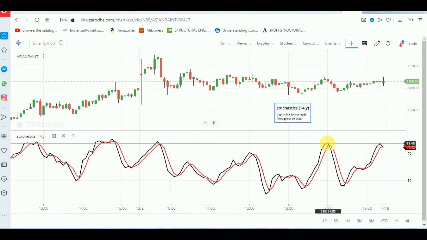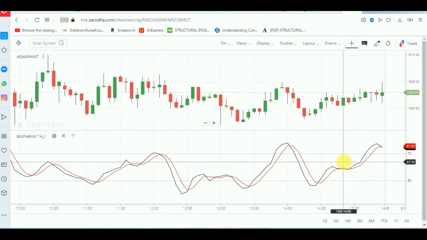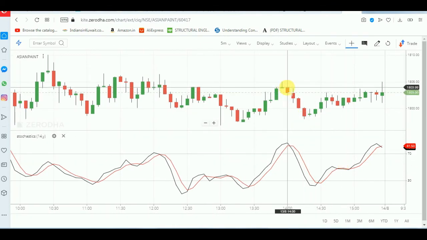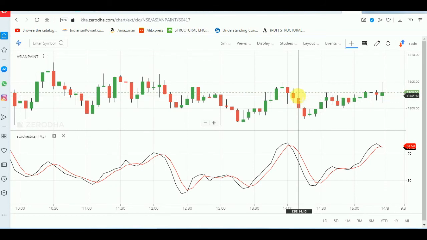And even here also, from overbought region to oversold region, if suppose the trader enters a position here, he may capture a very little profit. He may not be in a good profit.